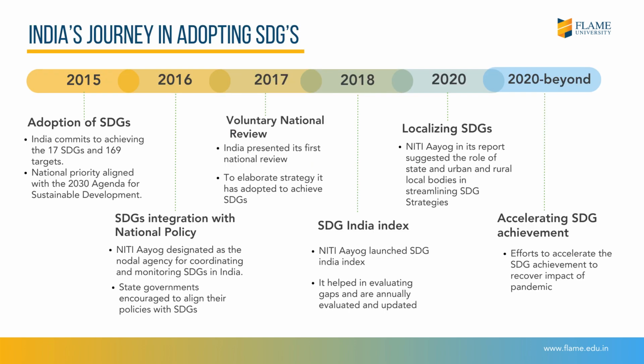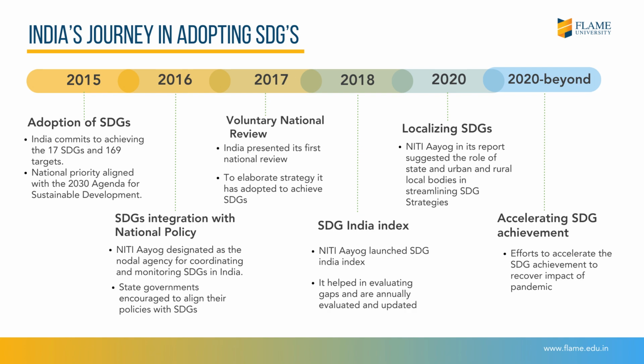India formally adopted these Sustainable Development Goals in September 2015 when the United Nations General Assembly approved them for the 2030 Agenda for Sustainable Development. India committed to achieving these global goals within the national context. In 2016, the Indian government aligned SDGs with national priorities through Niti Aayog, which serves as the main body for overseeing implementation of SDGs.